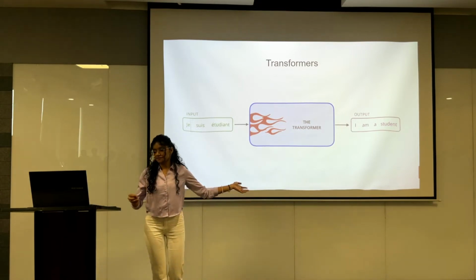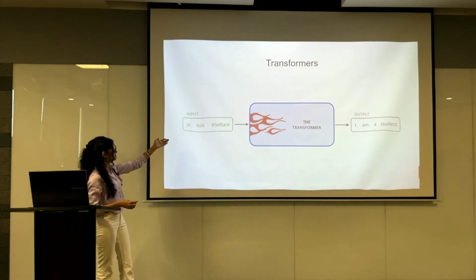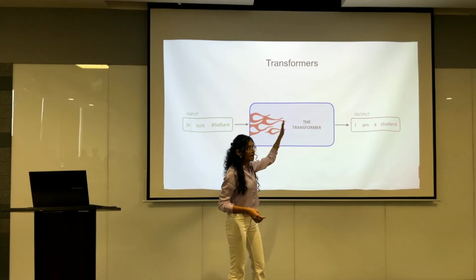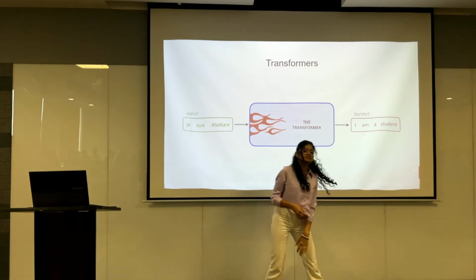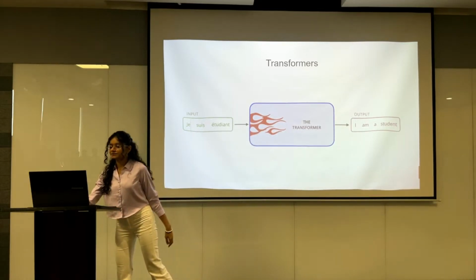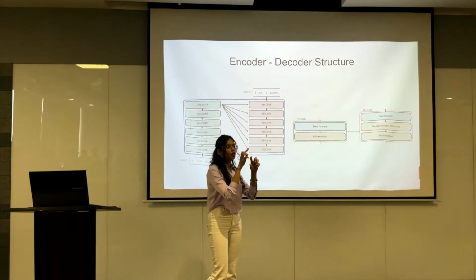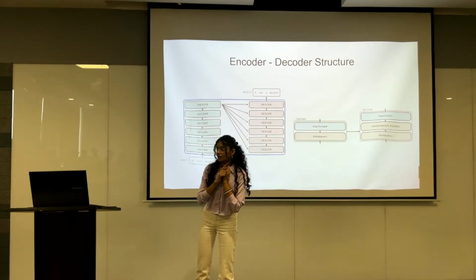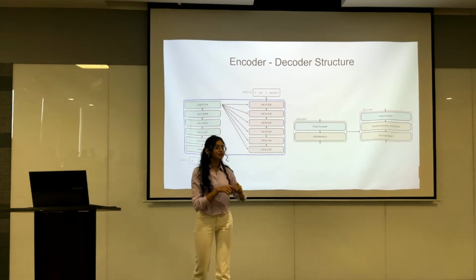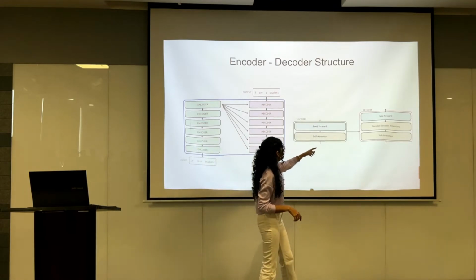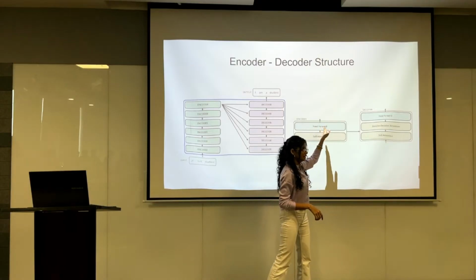For example, I have simply taken an input. I don't know what language it is, but we have a black box here. This is the transformer, which directly outputs "I am a student." I'm going to go much more into what that black box is. We have an encoder and decoder architecture which uses self-attention and a feed-forward neural network.